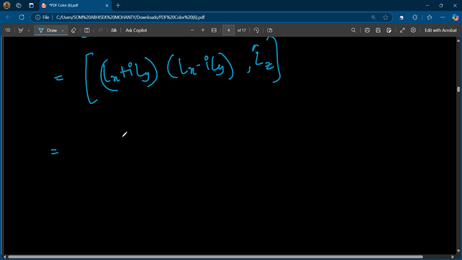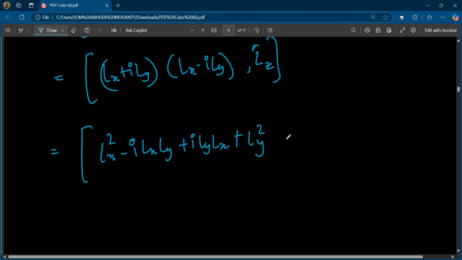So we get Lx square minus i Lx Ly plus i Ly Lx, minus i square, that is minus 1 minus 1, plus Ly square, Lz.